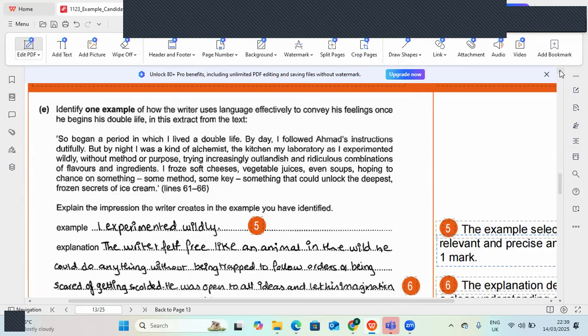When do people go wild? People go wild because of two reasons. Either they want to become over creative about something, or they are too ambitious about something. So by now we can see that the writer was very ambitious to learn or experiment with ice and try to make something unique out of it. That's why he said I was kind of an alchemist as well.